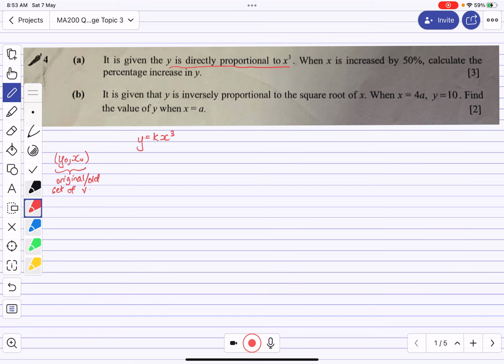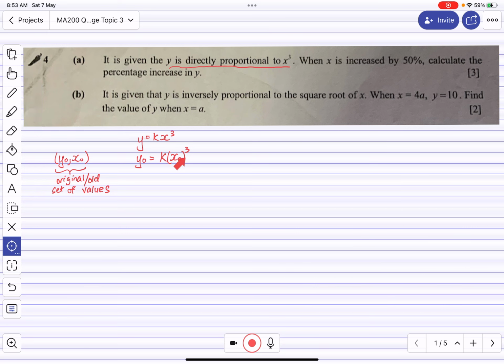Now if I increase my x by 50%, I first know that the equation for y naught and x naught looks something like that. I have y naught and x naught, and they are related by this equation.